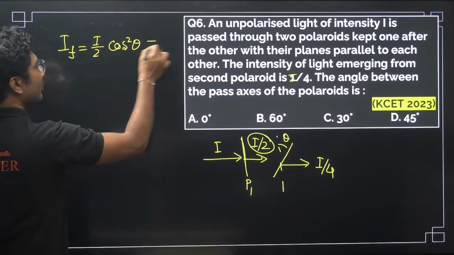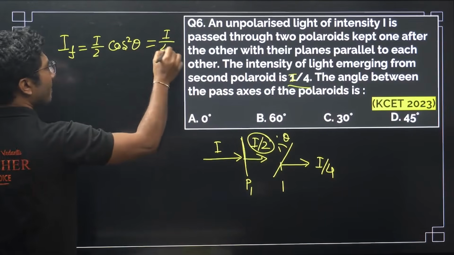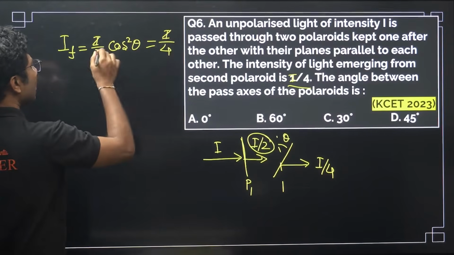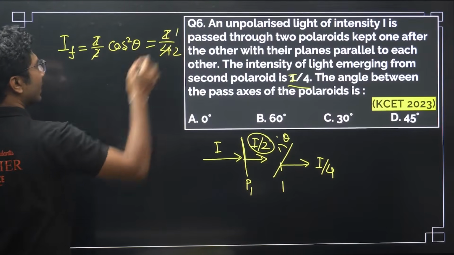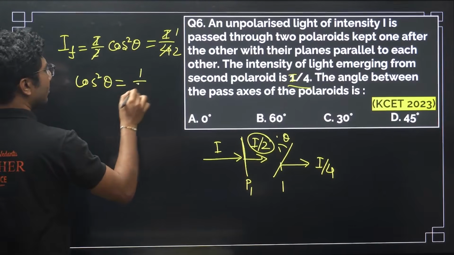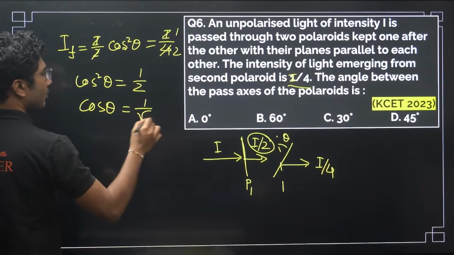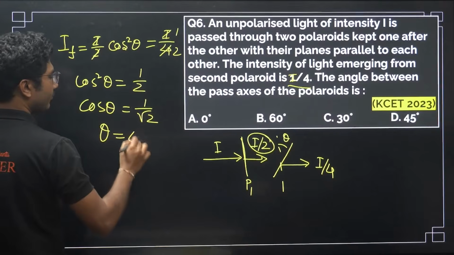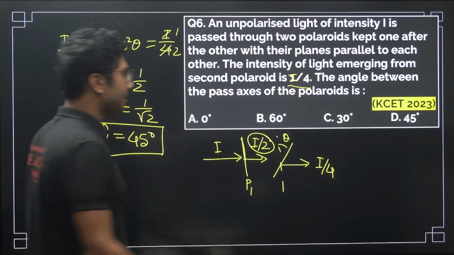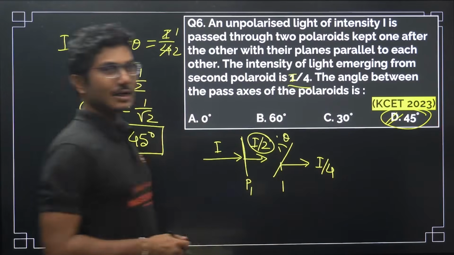According to the question this is I by 4, so I cancels, 2 cancels, and we get cos square theta equals 1 by 2, or cos theta equals 1 by root 2, or theta equals 45 degrees. Yes, 45 degrees. So the correct answer is option D.